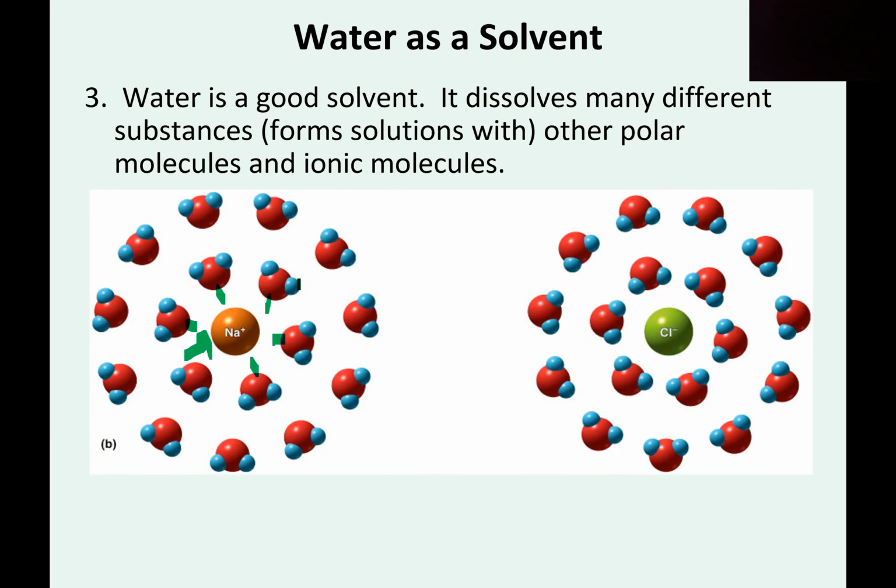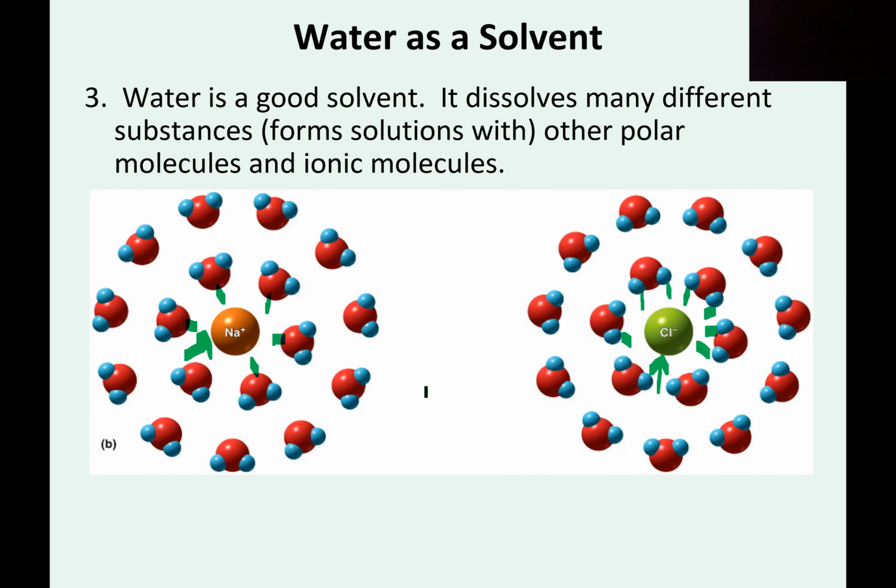So that's the difference between a full charge and slight charges. For chloride, it's the hydrogen end of the water molecule that's attracted to the negative charge of the chloride. Again, it's multiple water molecules to a single chloride ion. So water's a good solvent.